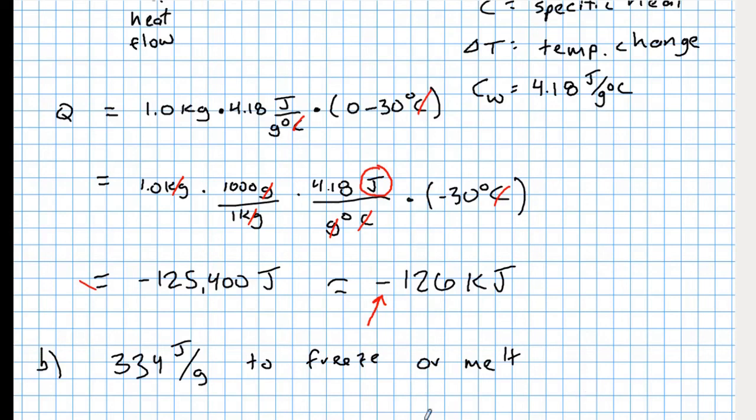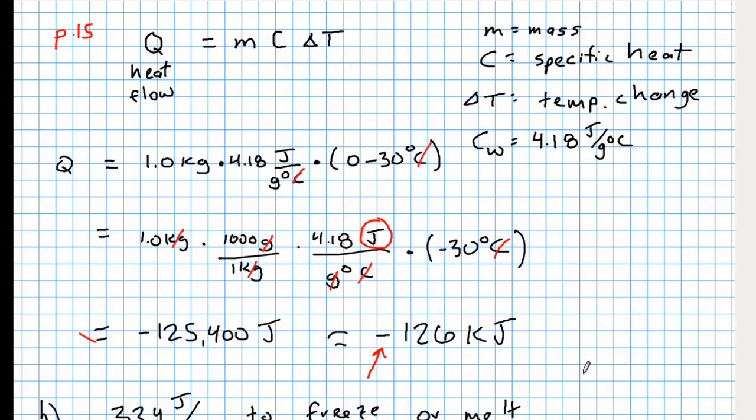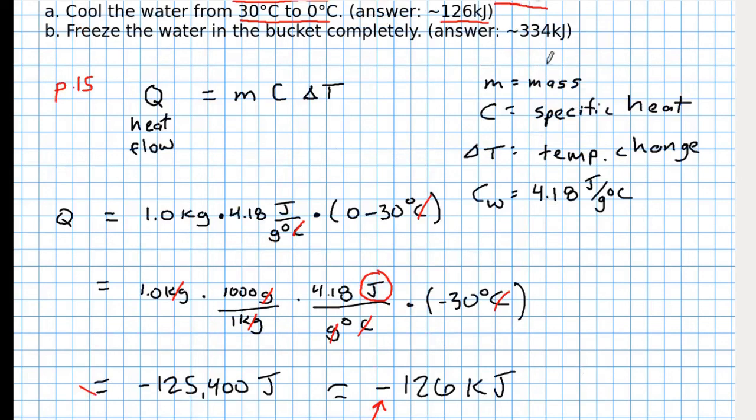So what that means is if you're freezing it, you have to take away 334 joules for every gram. And if you're melting it, you have to put in 334 joules for every gram. So you're going to need to use that fact in order to figure out how much energy it takes to freeze that 1 kilogram of water. And you should find that it matches with the number up here, 334 kilojoules.